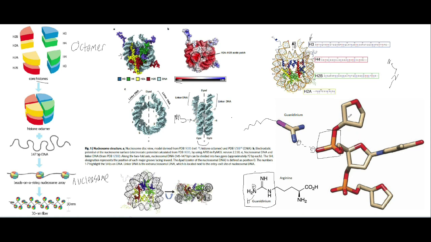We can see this is the deoxyribose here. This is our phosphate. This would be our base here. And so you can see that all these arginines here are going to be forming these salt bridges with the oppositely charged backbone of the DNA, and that is how the DNA is held onto the histones to generate the nucleosomes.